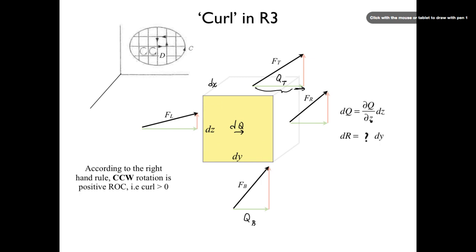How much Q changes for a change in z is the rate of change of Q with respect to z, and then how much R changes. That's the red ones here. How much does R change with respect to y? So what is dr? Is it up or down, the way I've drawn it with these two examples? Up, because this one is bigger than this one.